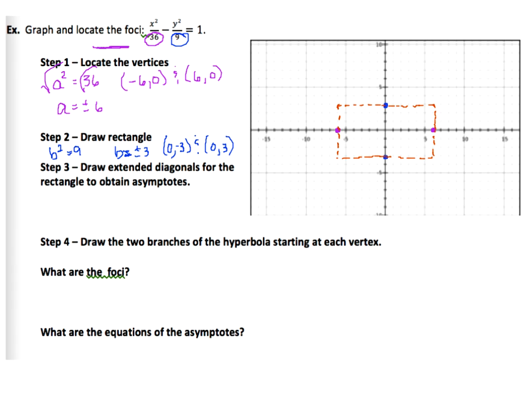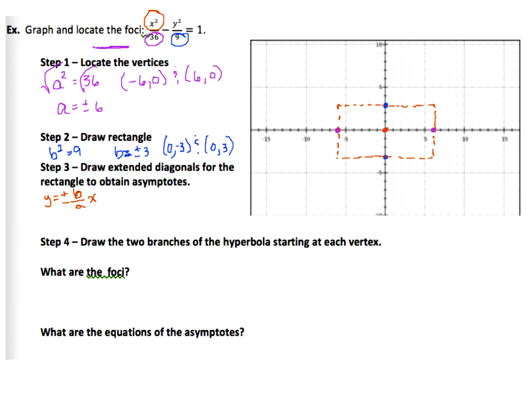There we go. Next step is to draw the extended diagonals. I can go ahead and find the equation of those asymptotes to be extra on point with drawing these. So there's my center point. Because my x squared term is leading, I know that the equation of those diagonals are y equals positive and negative b over a times x.